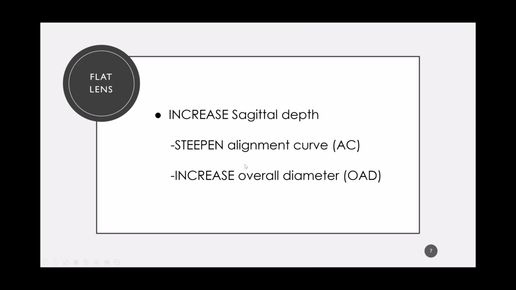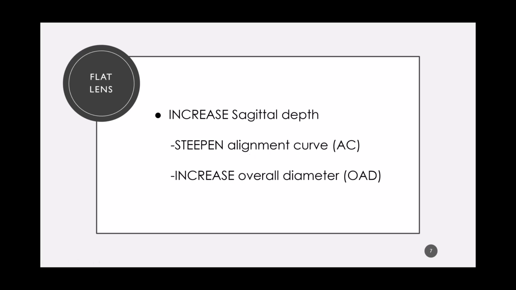One concept that's really important to understand is that when you are changing the fit of an orthokeratology lens, you are not changing the base curve of that lens. Base curve would refer to changing the central radius of curvature. What we're really wanting to do is change the alignment curves.